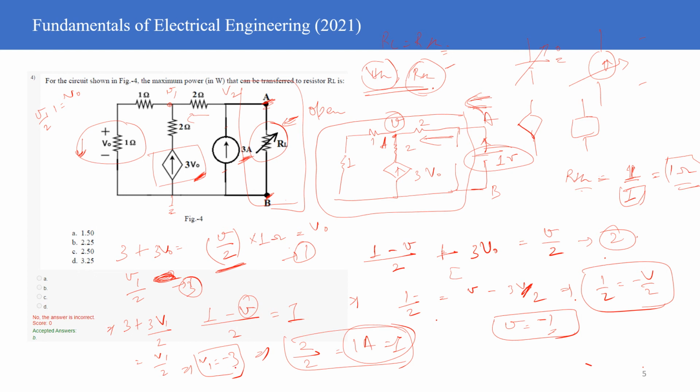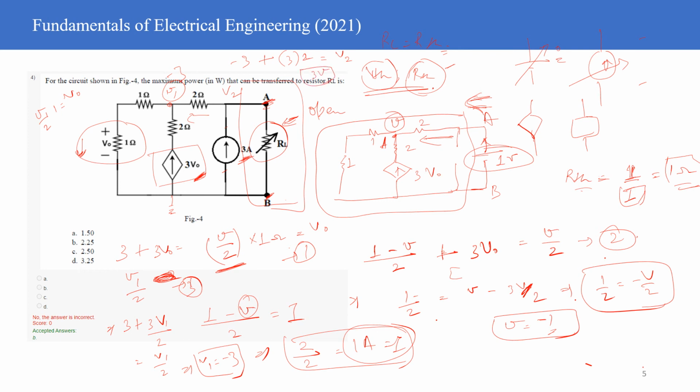Now I'm going in the opposite direction of the current, so minus 3 plus 3 ampere into 2 is equal to V2. Therefore V2 is equal to 3 volt.